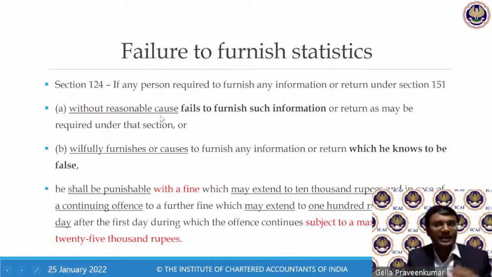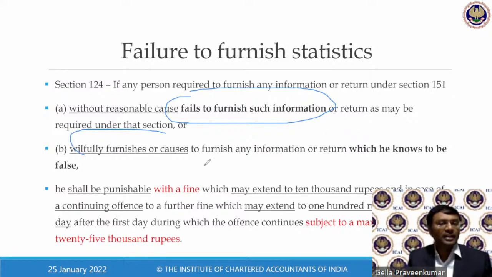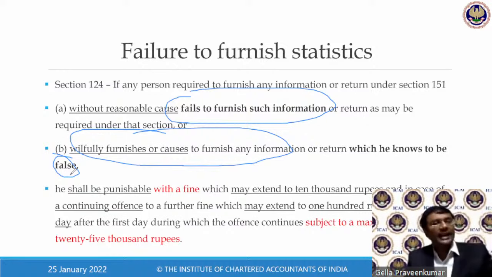So where statistical information is called for, and a person has failed to furnish that information, or has given wrong information, I called for XYZ Private Limited. He has given for ABC Private Limited. Then that person shall be punishable with a fine which may extend to 10,000 rupees, and in case of a continuing offense, 100 rupees for every day of the subsequent offense, with a maximum penalty up to rupees 25,000.